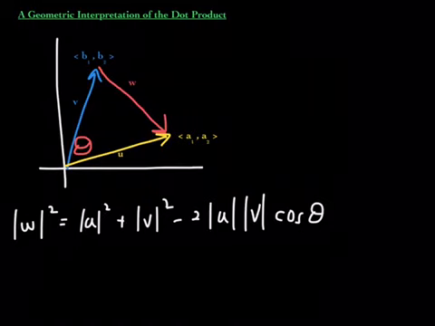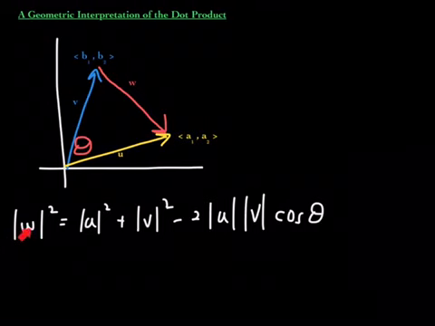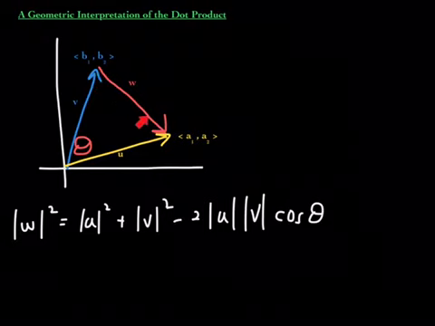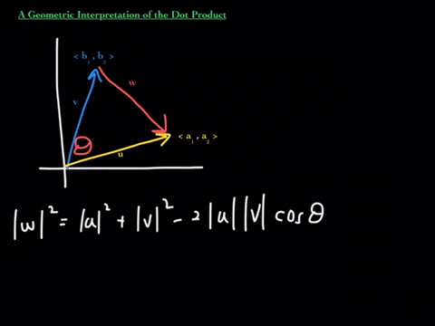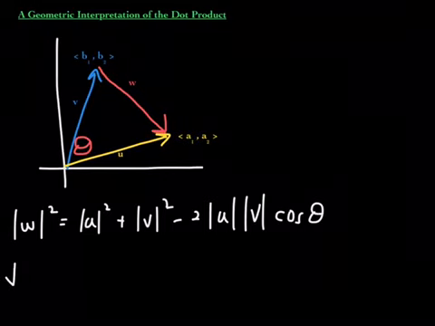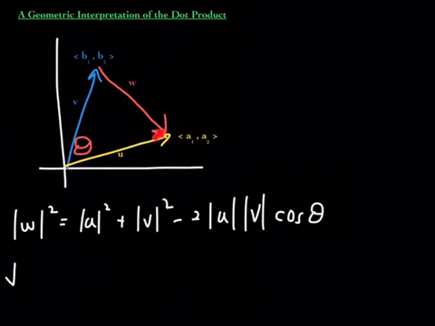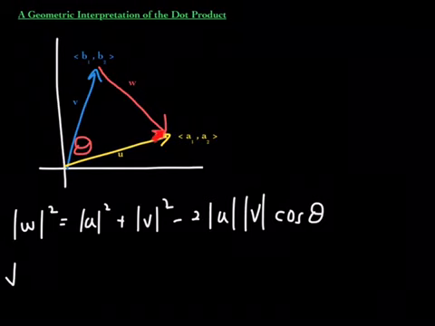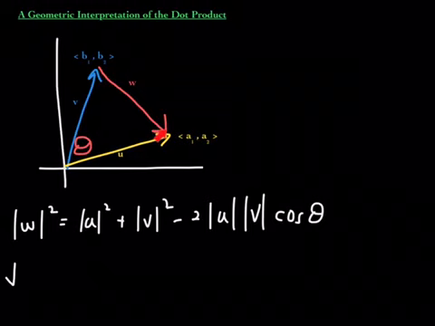Now, the magnitude of vector w, that is the length of this vector, can be found using the distance formula, right? So then this is going to be equal to the square root of, now, this terminal point of vector w terminates at a sub 1, a sub 2.